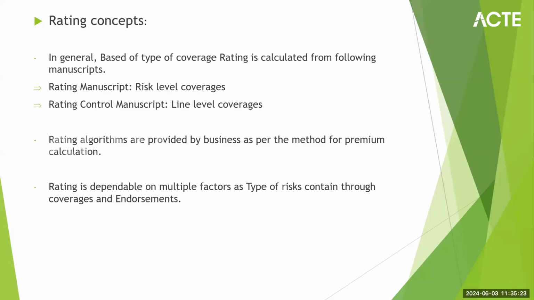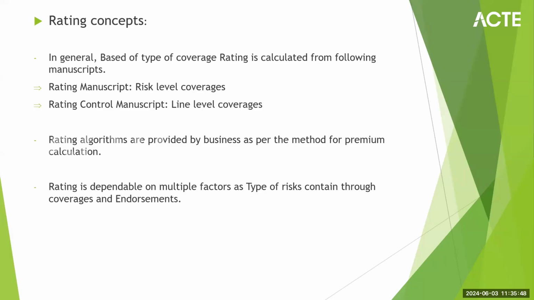Whatever coverages are there in risk level, all those coverages will be calculated in the rating manuscript. The next is line level coverages. What coverages are applied for the line level, the complete calculation is done in the rating control manuscript.